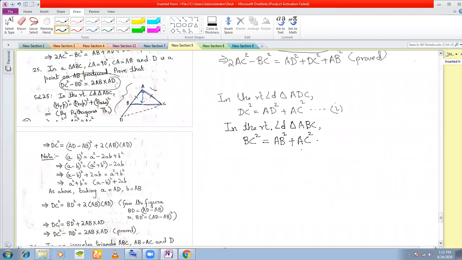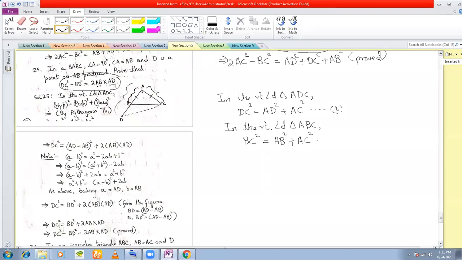Now see what is given. It is given to you that AB is equal to AC. So in the proof, I have AB and I have AD, both I have.